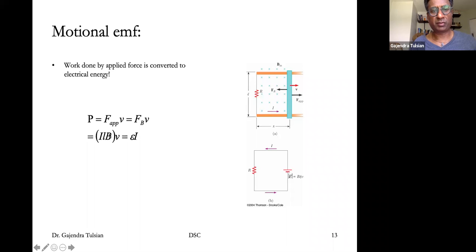So force times velocity is the input power, and it has to equal the magnetic force times velocity, I L B v. And B L v was the induced EMF, times I, is the output electrical power. So input power is equal to output power, and this is for a frictionless rail.